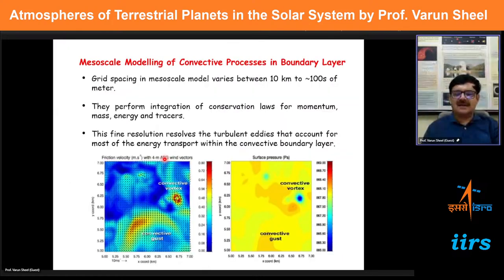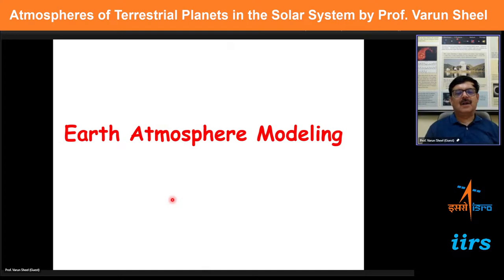And then we are also modeling these dust storms from the general circulation models, going down to very small scales, and trying to predict such vortices, how they are forming in such regions, which has been possible today due to very large computers being available.